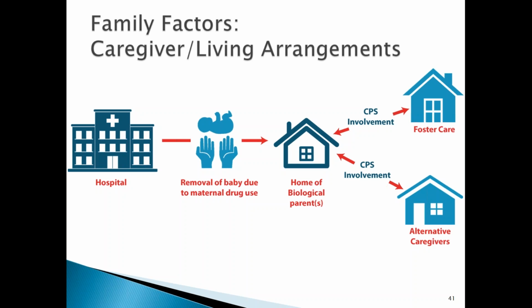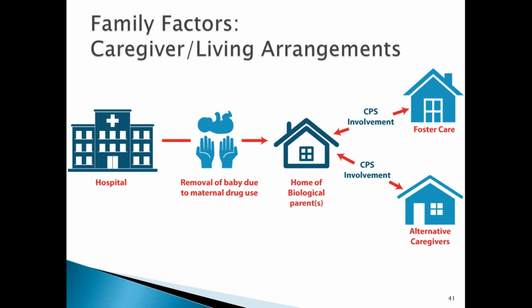And then let's say even if you had the kids that did go home with the biological parents, it's possible that there could have been issues in the home where there would have been Child Protective Services involvement, and the child could have been removed in a later year and put in foster care.